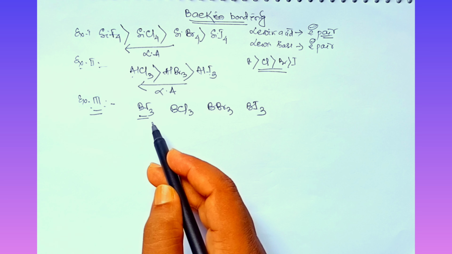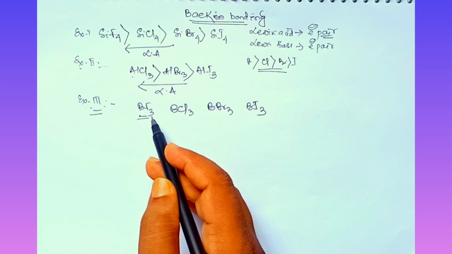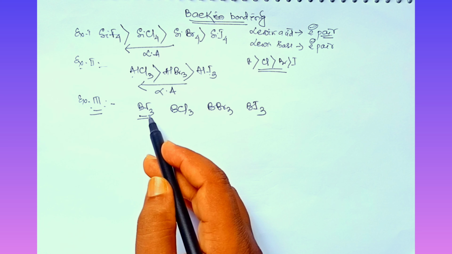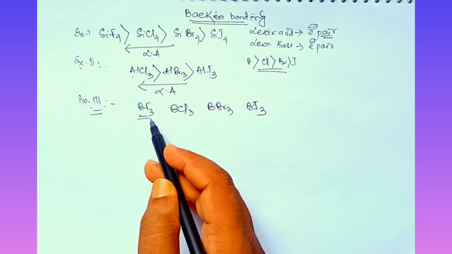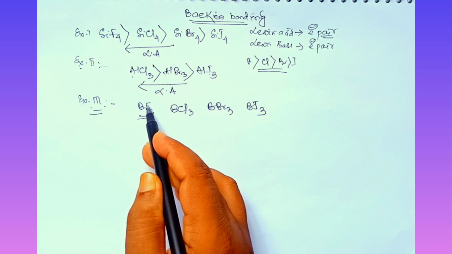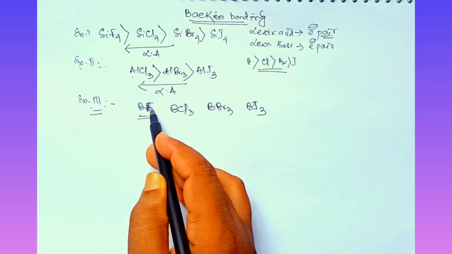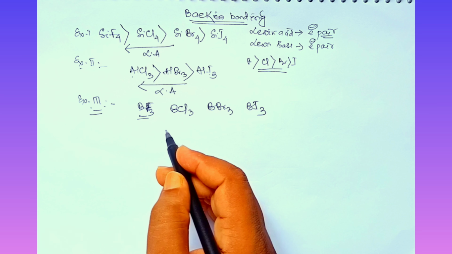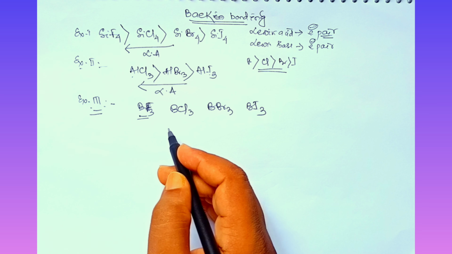If we consider only electronegativity, then as fluorine is the most electronegative element, BF3 should be the best Lewis acid. But due to back bonding, we will not use the electronegativity value here, only the back bonding.